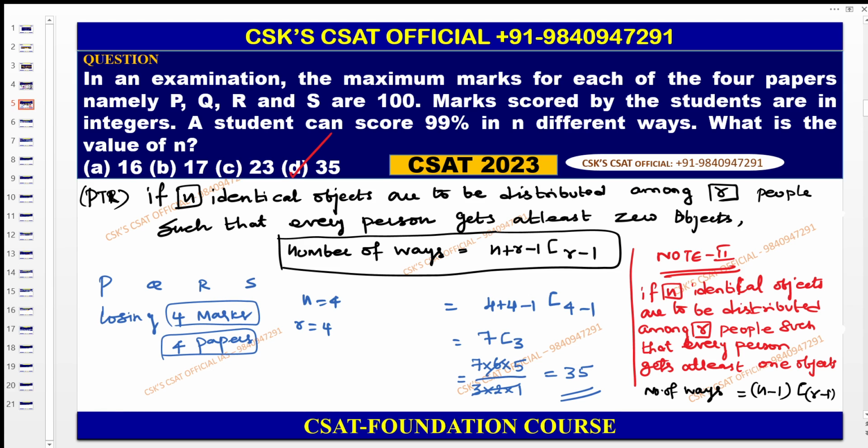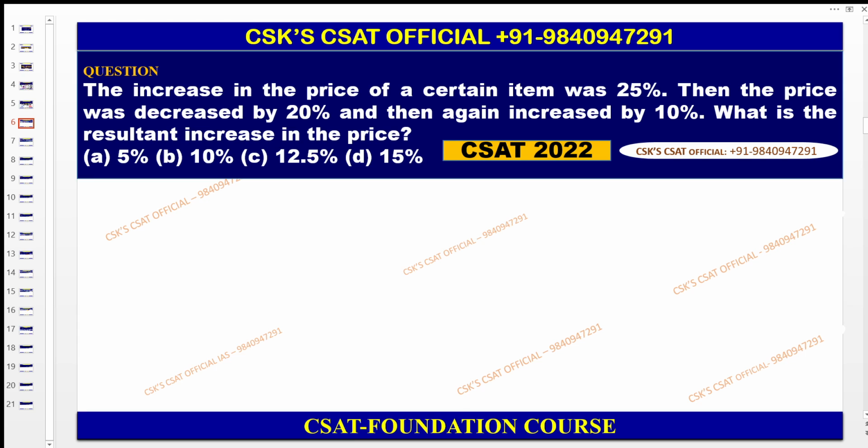Okay, now let us move on with the next question. This was asked in 2022. Only one question was there with respect to percentage in 2023, and that question itself was application based permutation and combination.